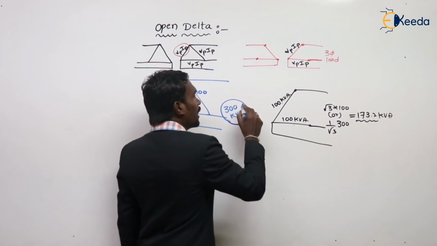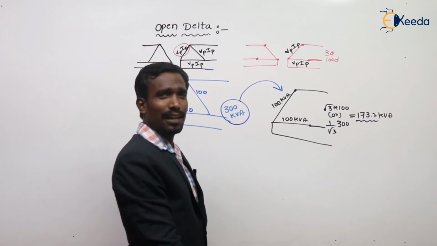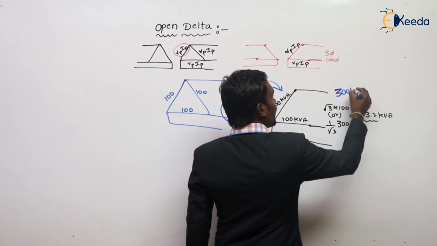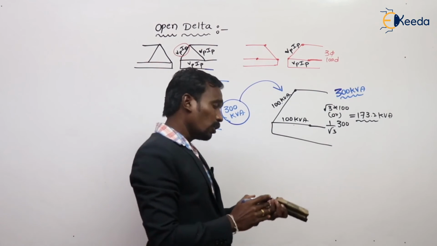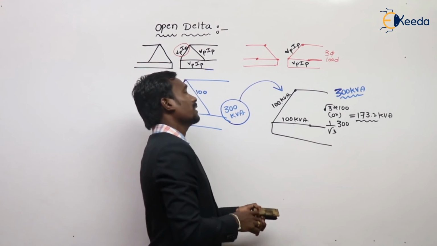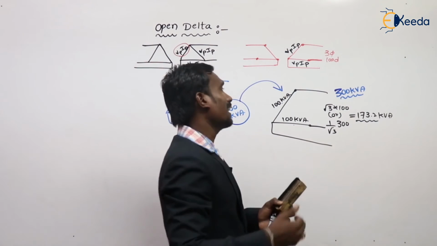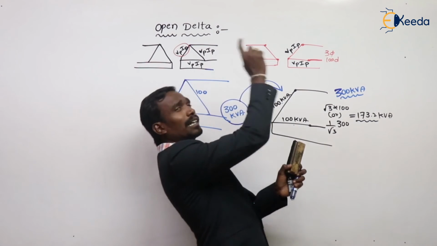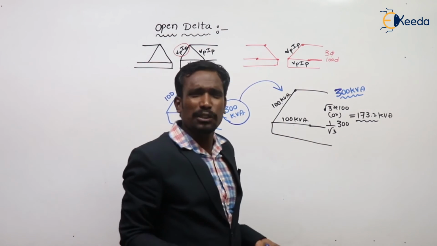For example, if I apply 300 kVA load on open delta, what happens? I applied 300 kVA load on open delta by mistake. I don't know whether the third one is open circuited or in normal condition. I forgot, and I applied 300 kVA to the open delta as usual, like a closed delta. Then what happens? It is overloaded automatically.